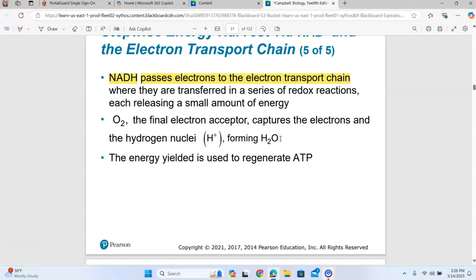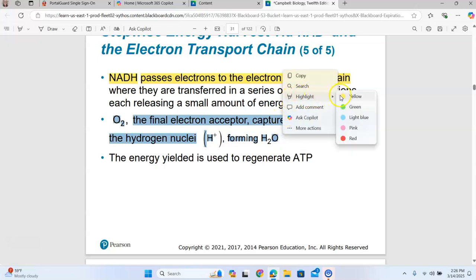Okay, so after those electrons are passed down the electron transport chain, they have to go somewhere. You just can't have electrons, negatively charged particles, just floating around. So they have to go somewhere. They finally are accepted by oxygen. So oxygen is called the final electron acceptor. And this happens during the electron transport chain. The oxygen captures the electrons and the hydrogen ions that came from NADH and forms water.